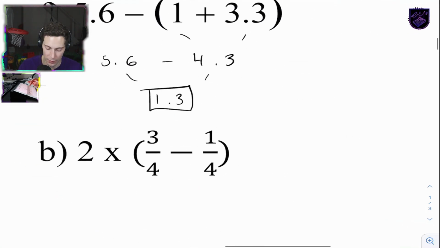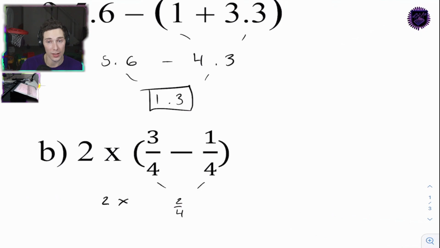Okay, this next one with multiplication, and we have, oh, beautiful. It's already lined up. So we have common denominator right off the hop here. We have 3 over 4 minus 1 over 4, which is equal to 2 over 4, which is also equal to 1/2, but let's just leave that there. So 2 times 2 over 4.